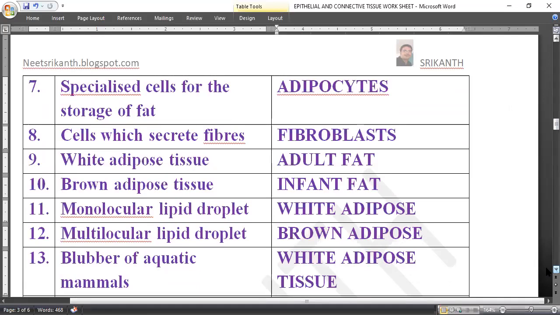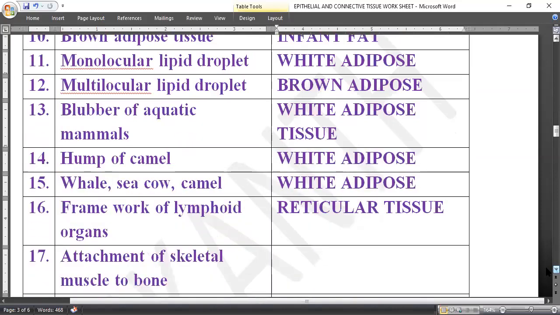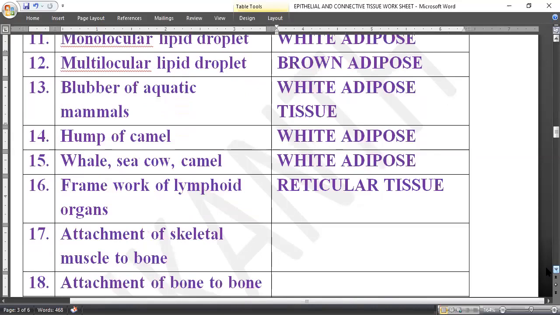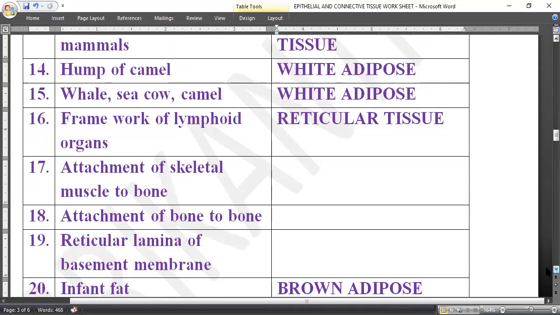Then white adipose tissue is adult fat, brown adipose tissue is infant fat, monolocular lipid droplet is white adipose tissue, multilocular lipid droplet is brown adipose tissue, and the blubber of aquatic mammals is white adipose tissue, the hump of camel is white adipose tissue, the whale, sea cow, camel, white adipose tissue. The framework of lymphoid organs is reticular tissue. We have completed the chart up to here.